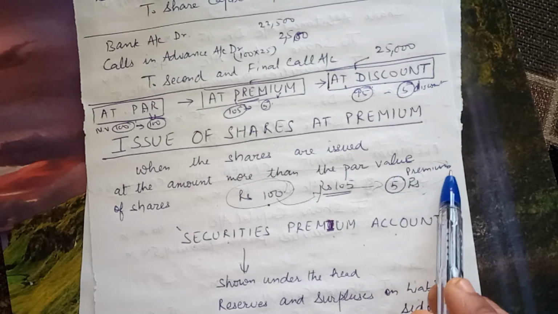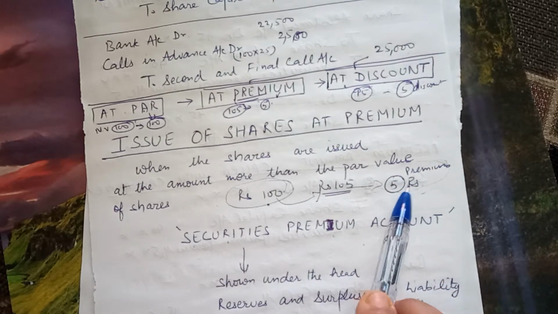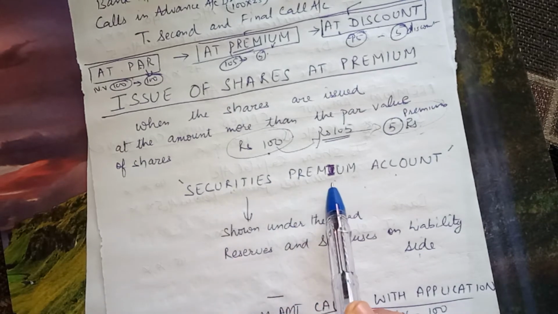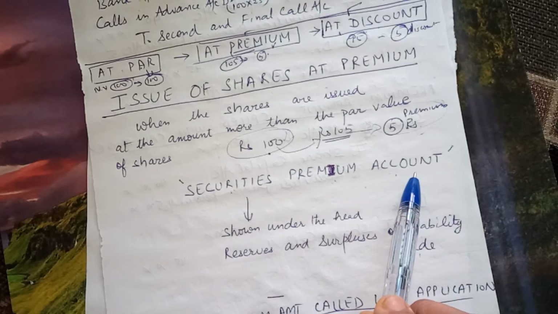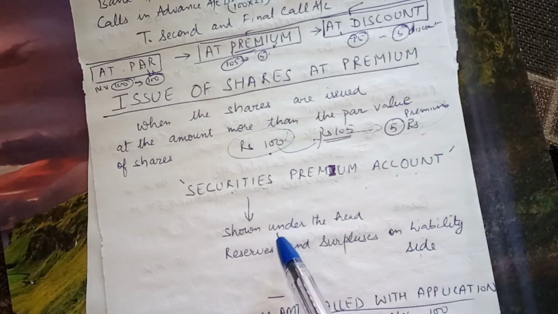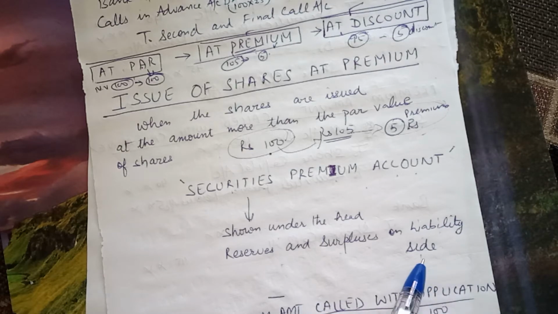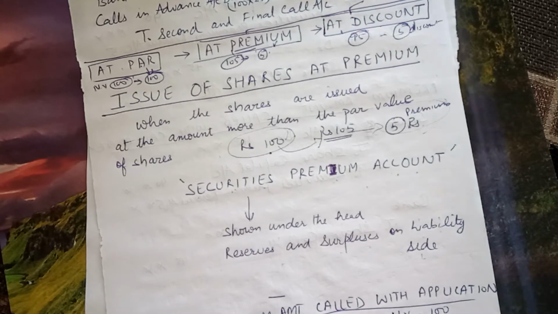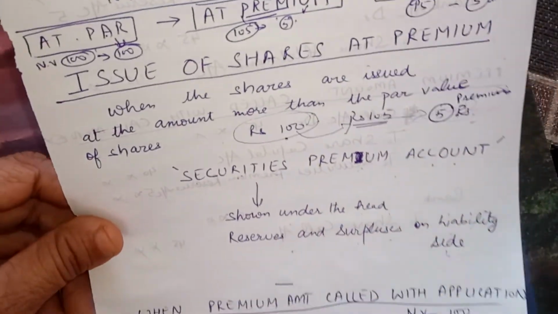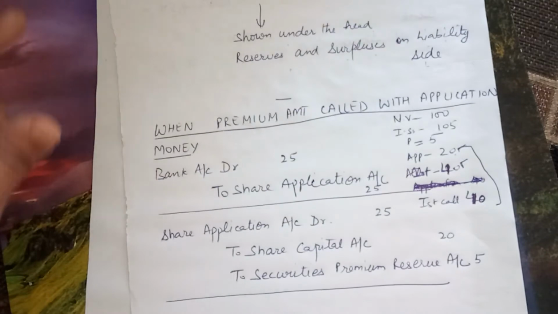And as per company law, for this premium we open a new account which is called the securities premium account. The accounting treatment of this account is that it is shown under the head reserves and surplus on the liability side. The premium can be called in various stages, and now we are going to discuss those stages.